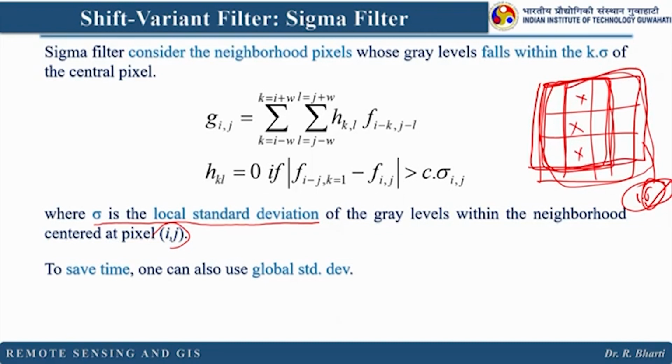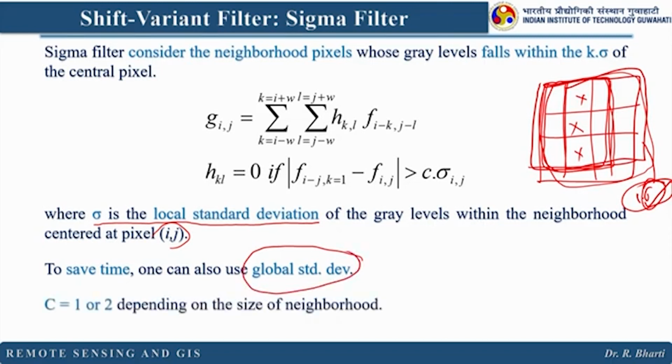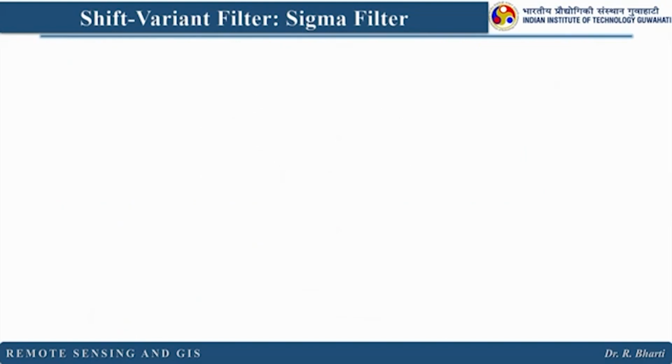So instead of doing it individually on 3 by 3 windows for the whole image, one can use global standard deviation, right, and C is equal to 1 or 2 depending upon the size of the neighborhood. It is up to the interpreter or analyst what C value he or she is using.